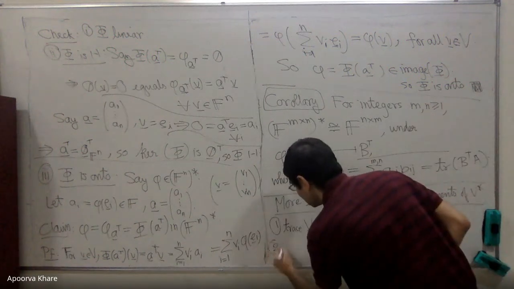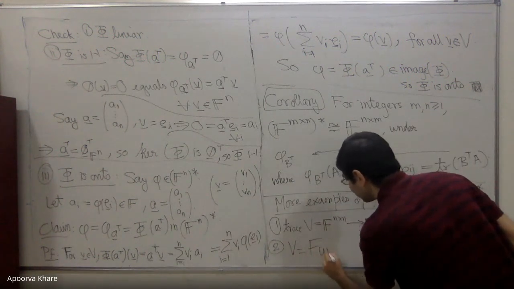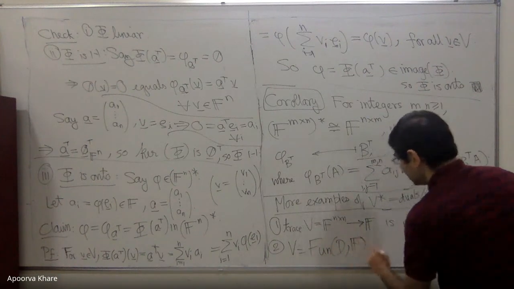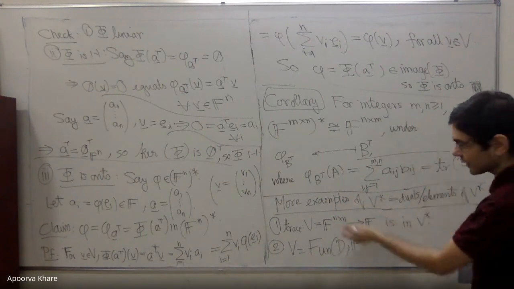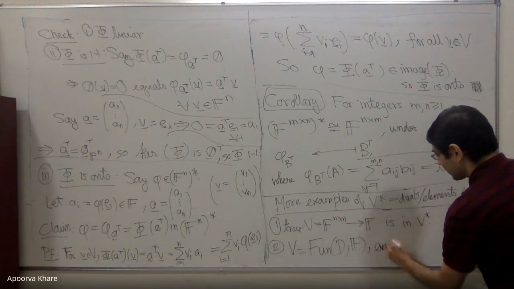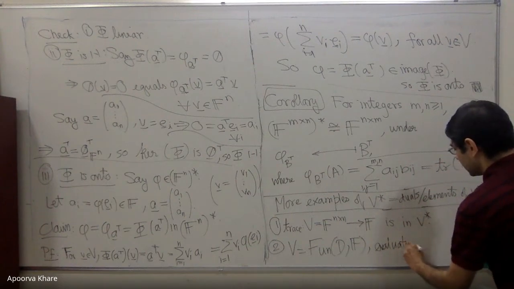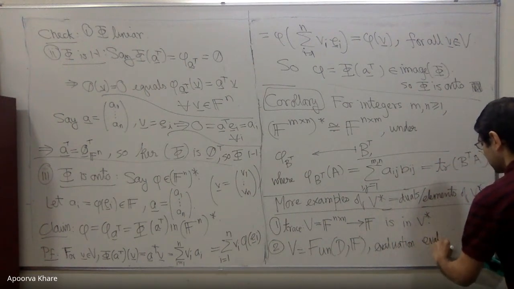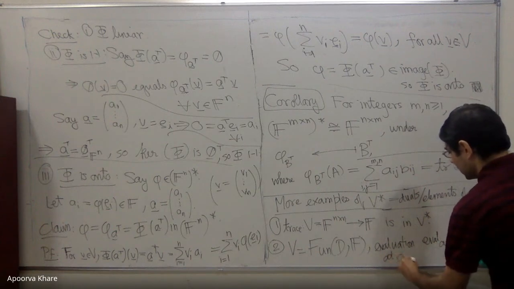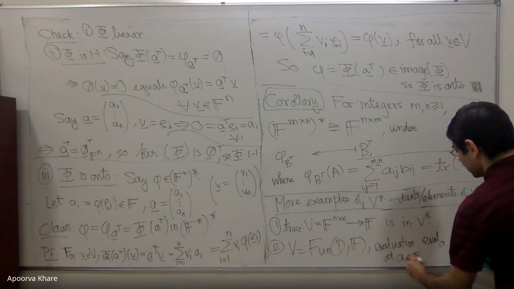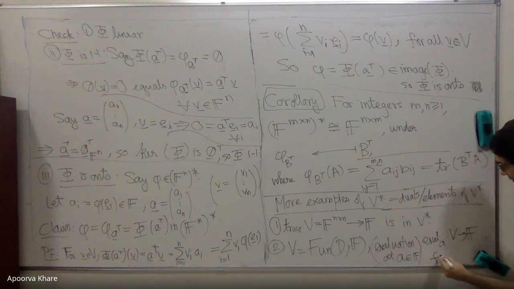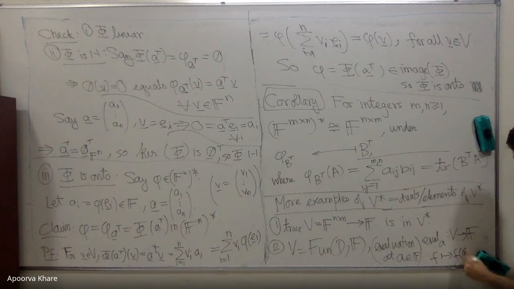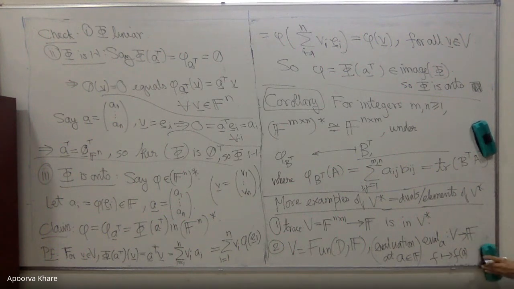Another nice one is, consider V to be the set of all functions from D to F. This is a vector space. Consider evaluation at some scalar a. How does this evaluation map work? It's obvious. f goes to f at a. This is a linear function.